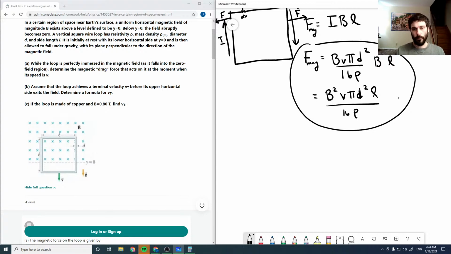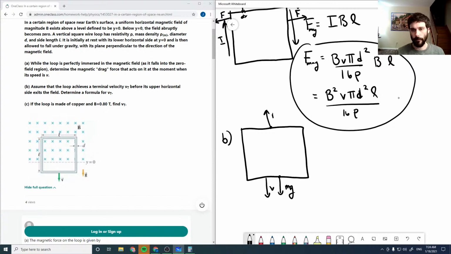Okay, and now when we're looking for a terminal velocity, we've got our loop falling with some velocity v. We look at our forces: we have mg and F mag. So our F net is B squared V pi d squared L over 16 rho minus mg.